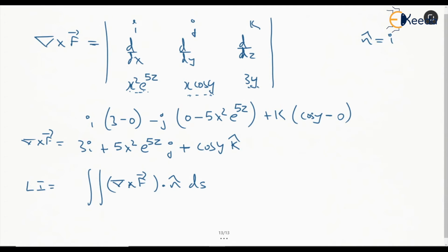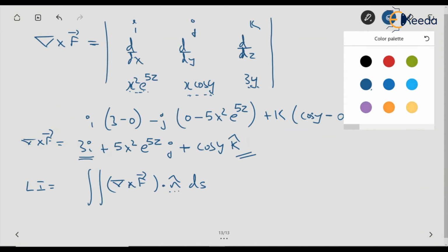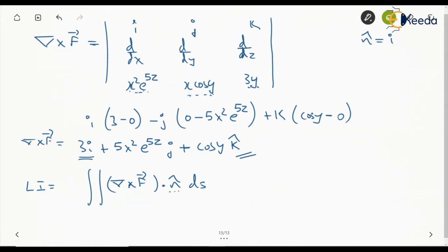Once this is i, the dot product of this curl with n cap, that is i cap, will give only the i component, right? It won't come up with any j component or k component. Why? Because i dot i is equal to 1, i dot j is equal to 0, i dot k is equal to 0.